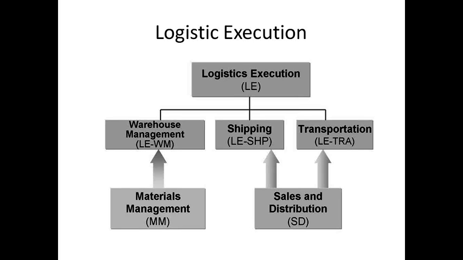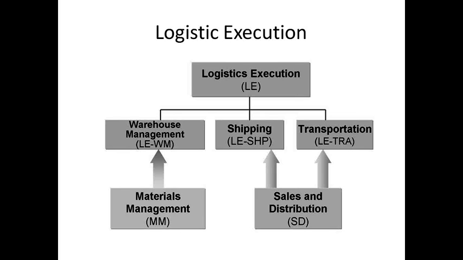As we see on the screen, shipping and transportation scope mainly comes under sales and distribution. Some part of shipping we also do when we use the processes of inbound deliveries and outbound deliveries.